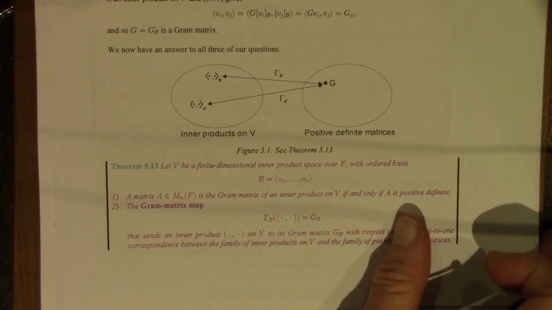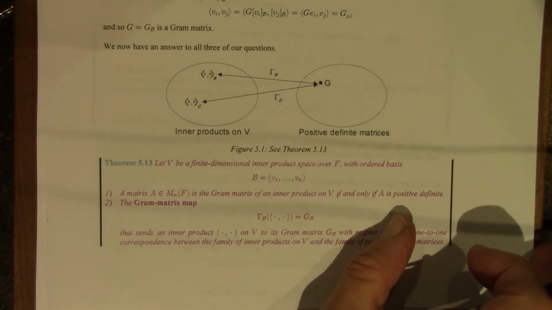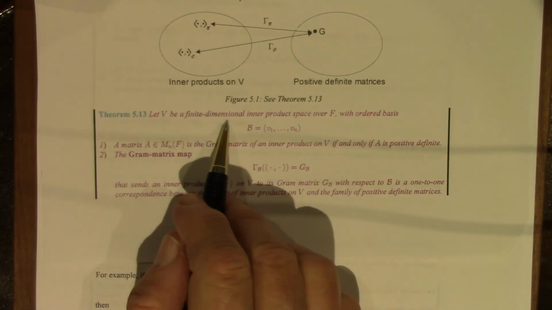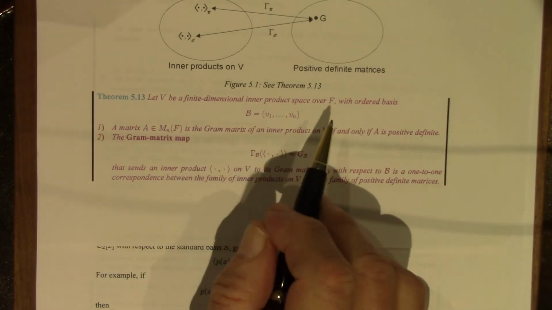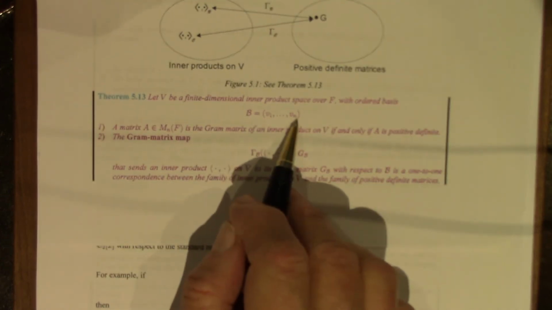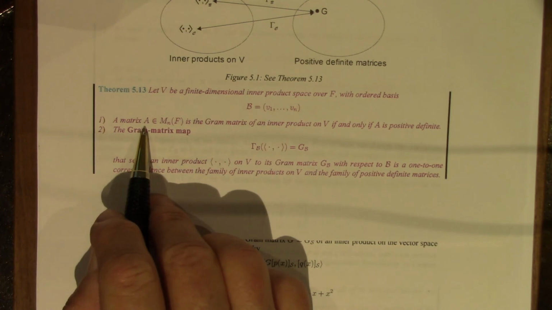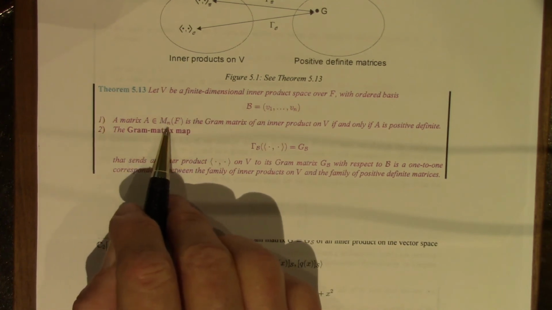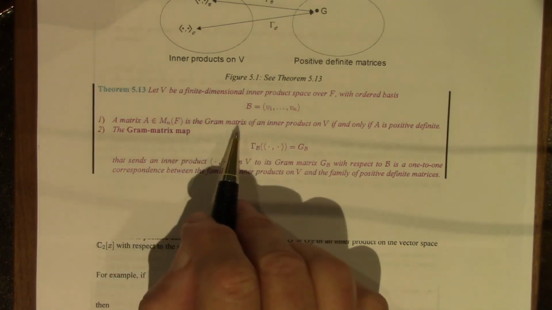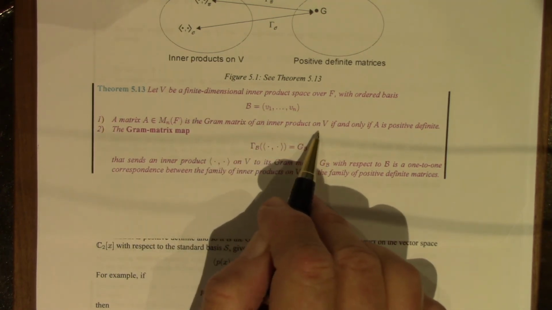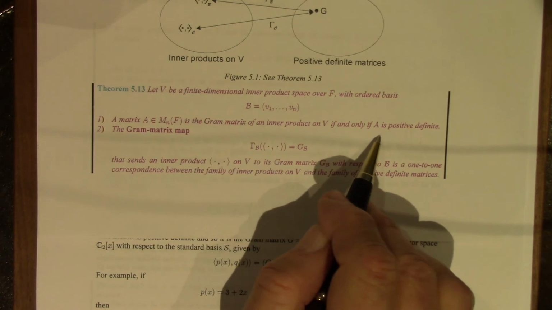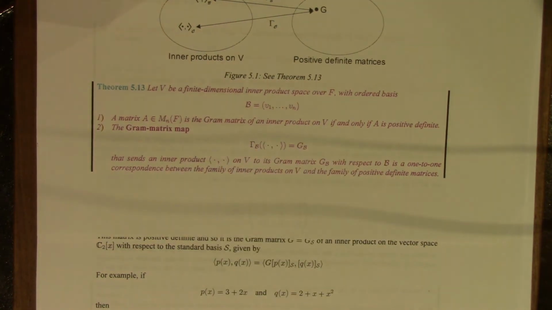So now we've answered all three questions, and here is a summary. V is a finite dimensional inner product space over F, and here's an ordered basis. An n by n matrix A is the Gram matrix of an inner product on V if and only if it is positive definite.